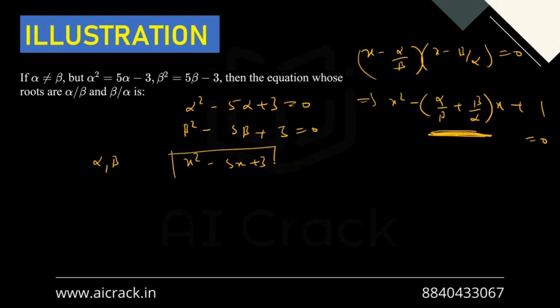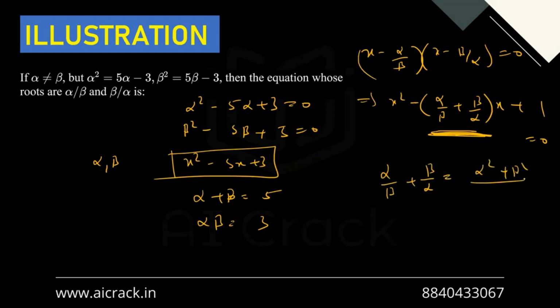Now based on this, we know that alpha plus beta equals to 5 and alpha beta equals to 3, right? So if we want to write this one, alpha by beta plus beta by alpha, that would be alpha square plus beta square divided by alpha beta, right? Now alpha square plus beta square is nothing but alpha plus beta whole square minus 2 alpha beta divided by alpha beta.